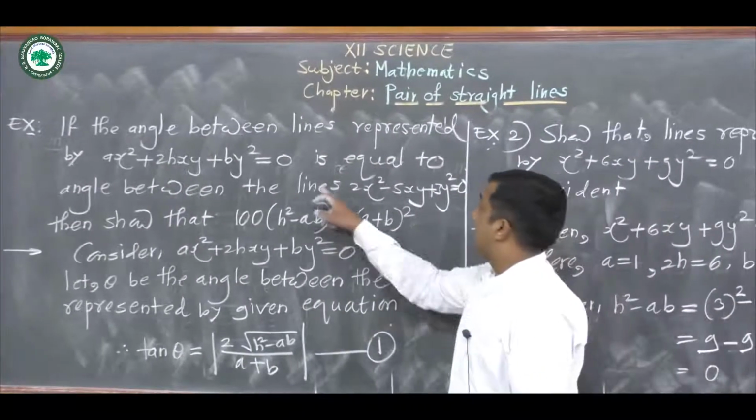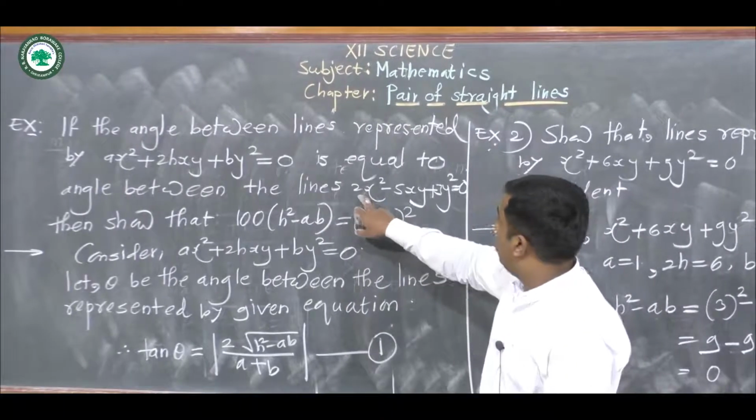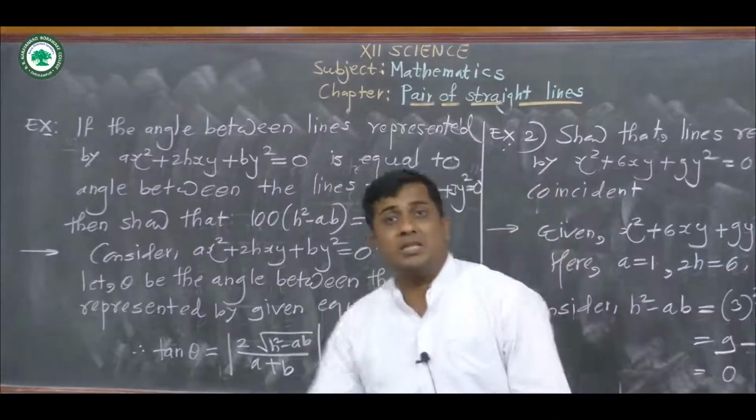Now we consider our second line. Here the second equation is 2x square minus 5xy plus 3y square is equal to 0.